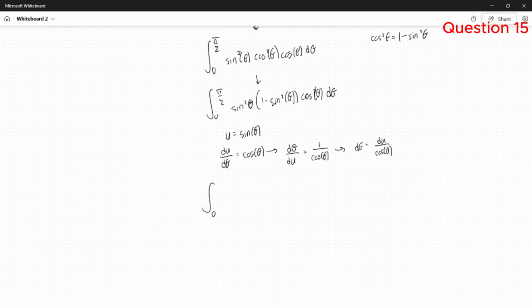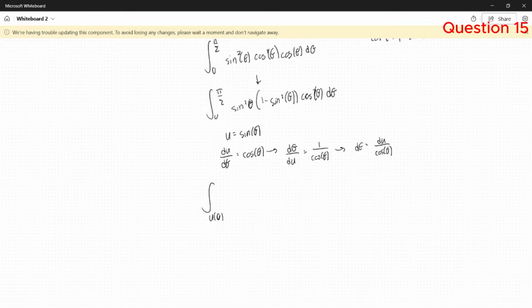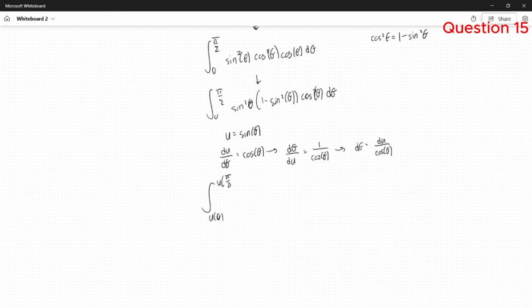So now we have 0 to pi over 2, or actually, in this case, it would be u of 0 to u of pi over 2, because we've changed variables from theta to u, so our bounds are now different. But I'll just leave u of 0 and u of pi over 2 as placeholders.